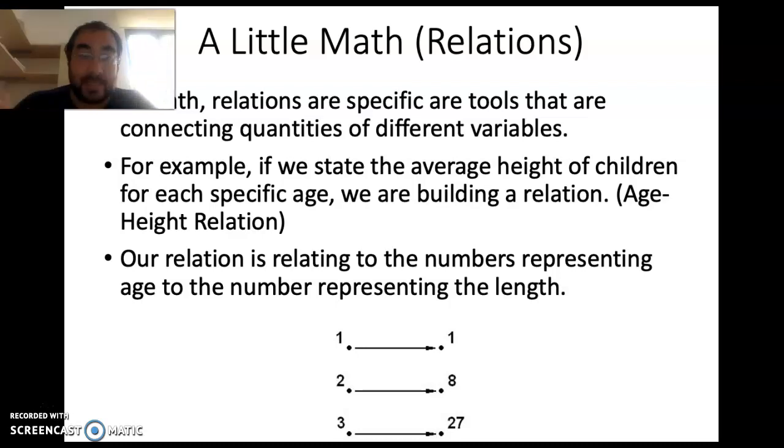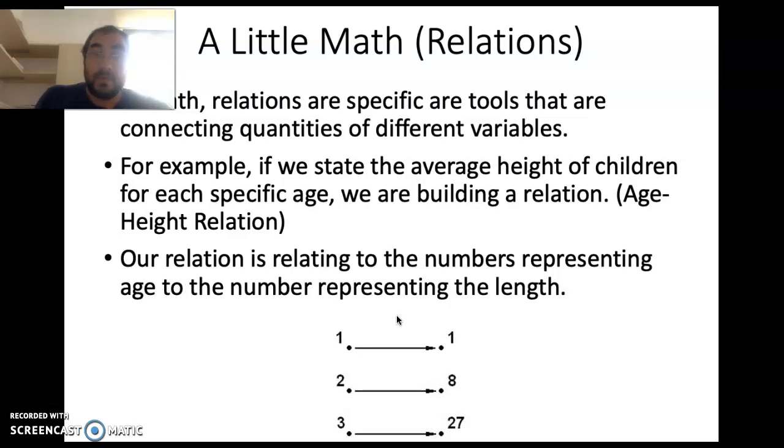So the relation is not one of these lines. The relation is all of these lines. Our relation is a way to connect all numbers in the first plane to a number in the second plane. So it is not only one connection. All these three lines are part of the relation we define. In a practical sense, a relation might be like this.